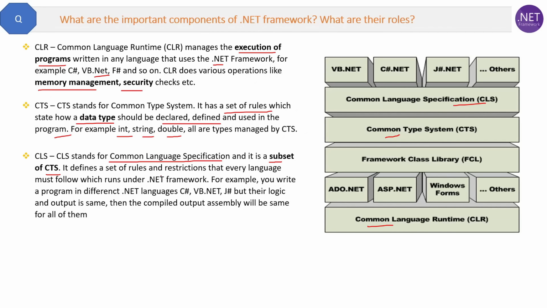Again, it defines the set of rules and restrictions that every language running under the .NET framework must follow. For example, you have many languages in the .NET framework like C#, VB.NET, J#. All these languages must follow some set of rules so that they can be compiled into a common DLL. That set of rules is defined by CLS.